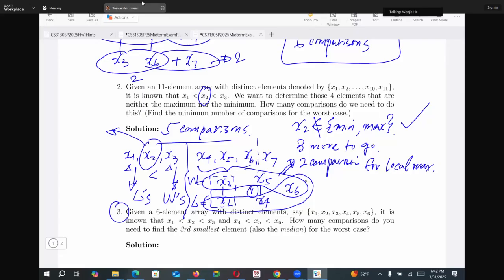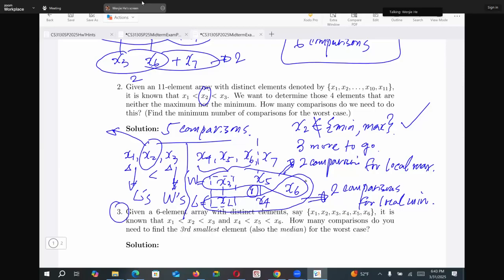Different from global max, local max. So the losers group, we need 2 comparisons for local minimum. All right? So 1 plus 2 plus 2, 5.